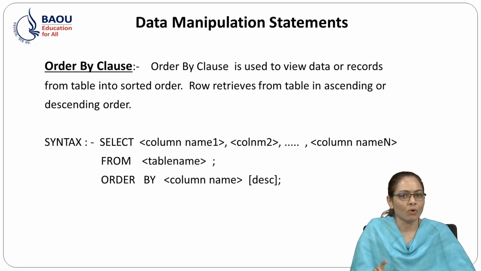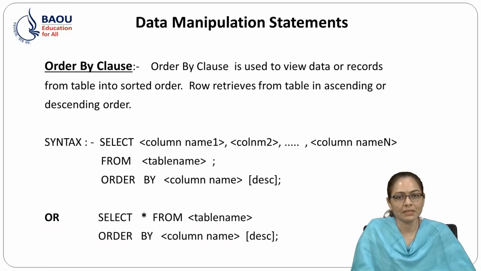Here, order by column name, then in the bracket DESC; the square bracket is optional. If we display in ascending order, then we don't write the DESC. If we display the records in descending order, then we write the DESC. So the command is completed after the order by. So we don't put a semicolon after the from clause.